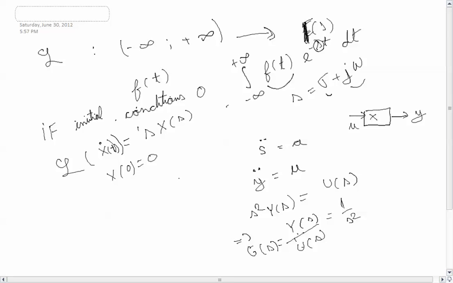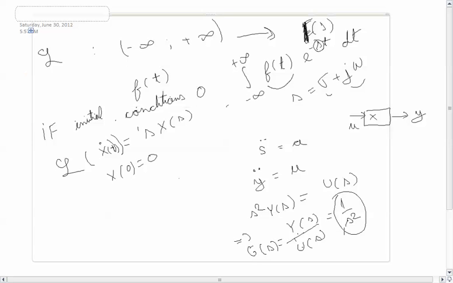And you might say, so why, if I told you this, this seems easy, but what is 1 over s squared? When am I going to reach my girlfriend's house? Do I know when I'm going to reach my girlfriend's house? No, I don't. What is this 1 over s squared?